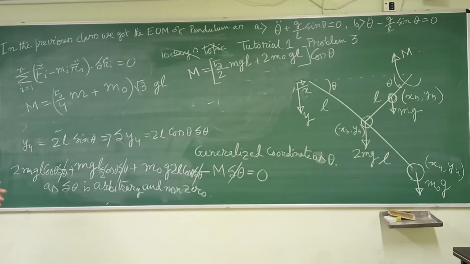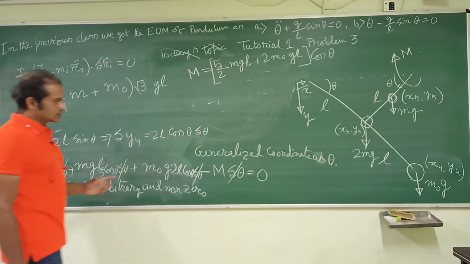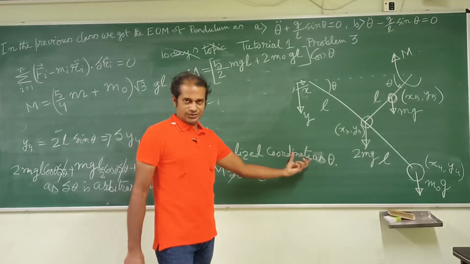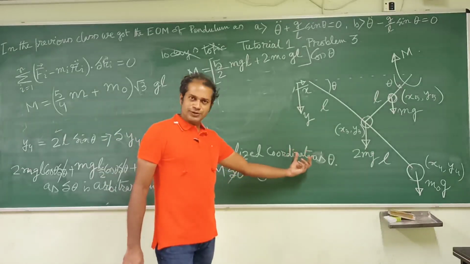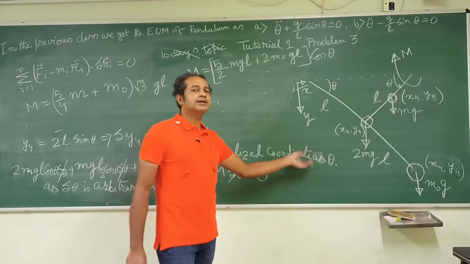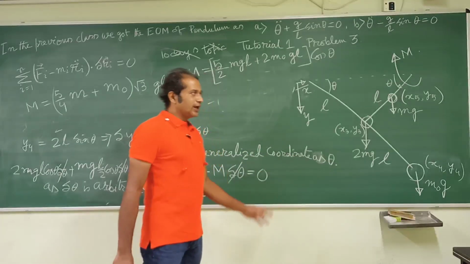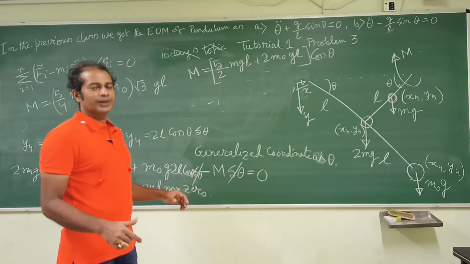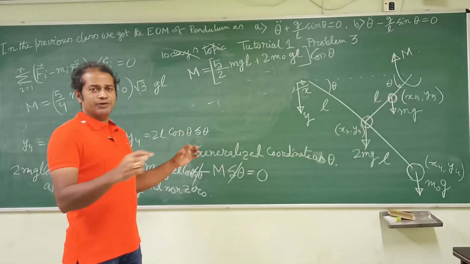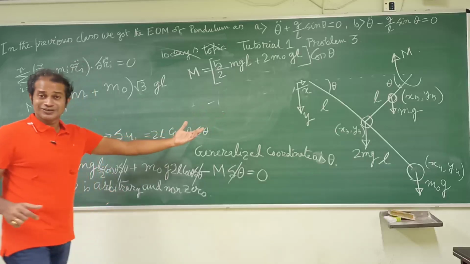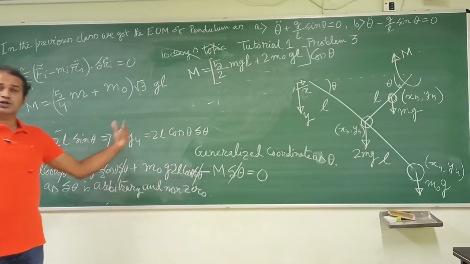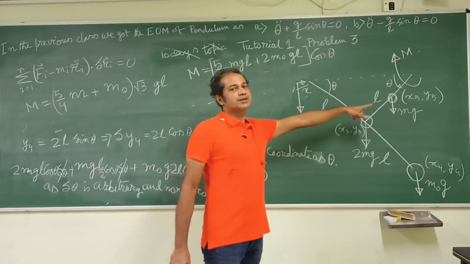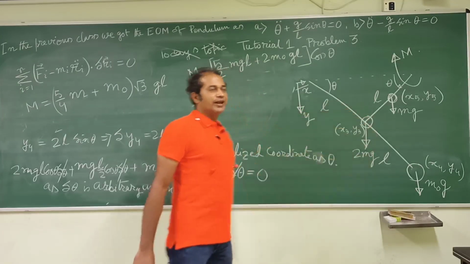From that identification, we chose the generalized coordinates. So the number of degrees of freedom is going to be the number of generalized coordinates. Now you represent each and every mass point, and the force action points, in terms of those generalized coordinates.